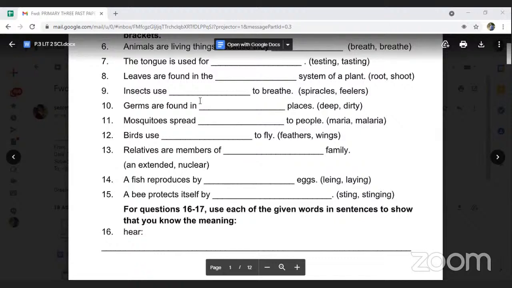What do birds use for flying? Birds use wings to fly. What about Shadrach? Birds use wings to fly.